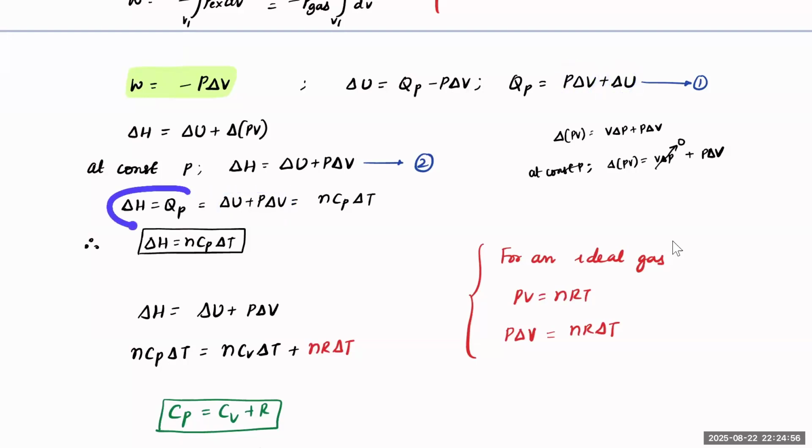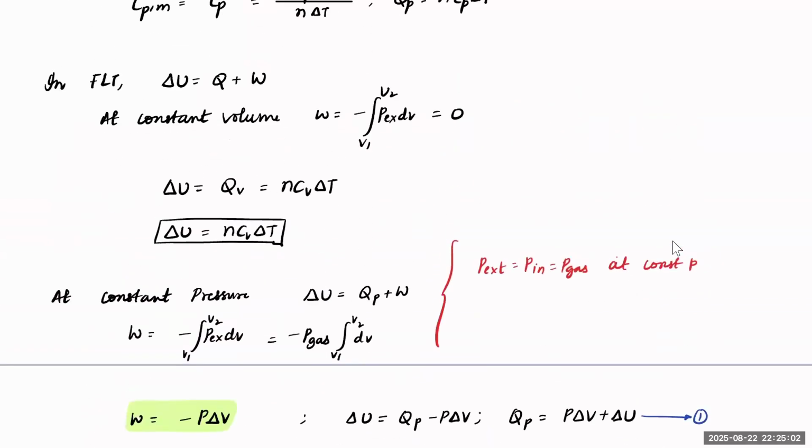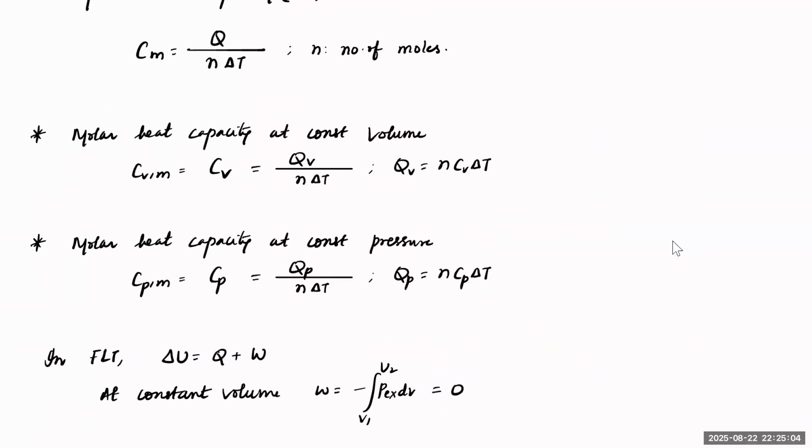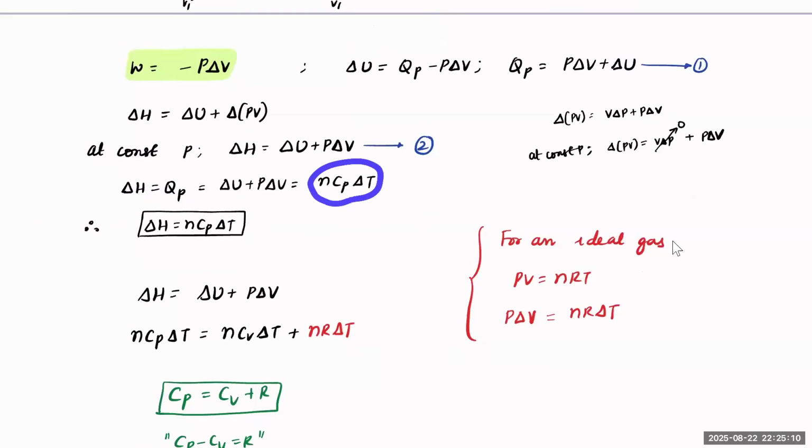That's why delta H is equal to QP. And QP, we just learned earlier, if you are operating at constant pressure, will be nCp delta T. So I can equate that as nCp delta T. So delta H is equal to nCp delta T.